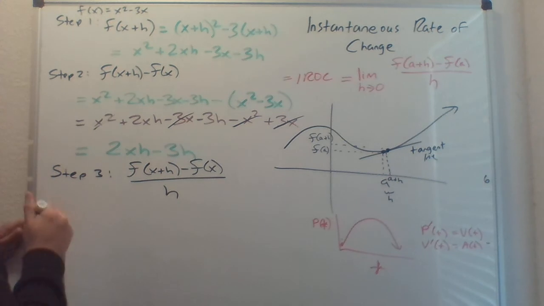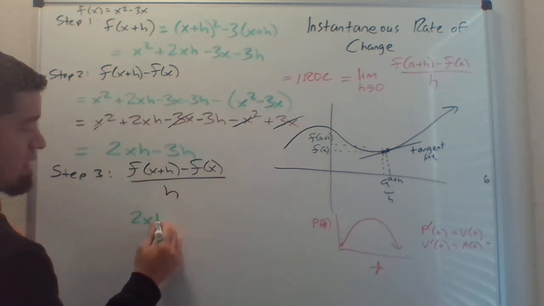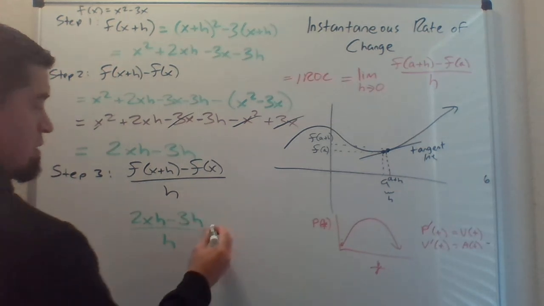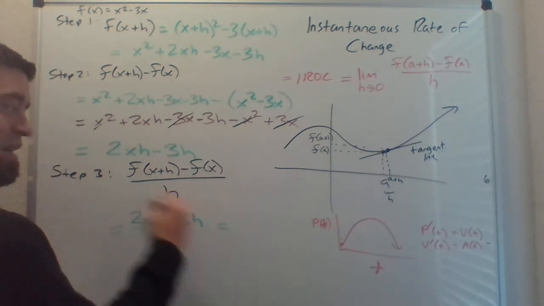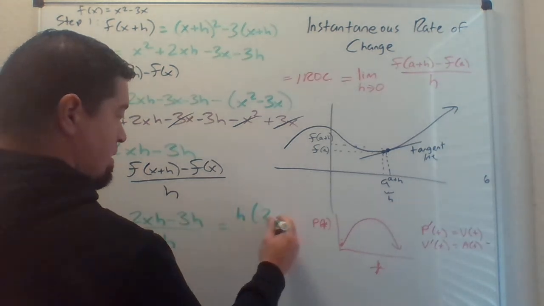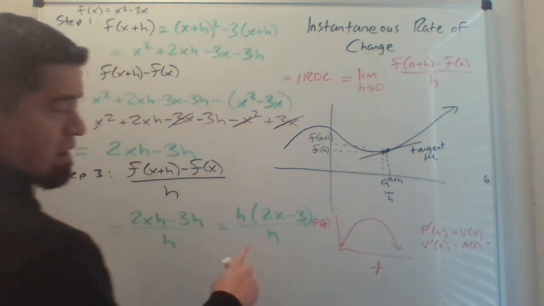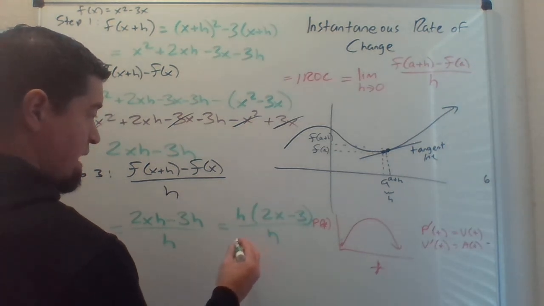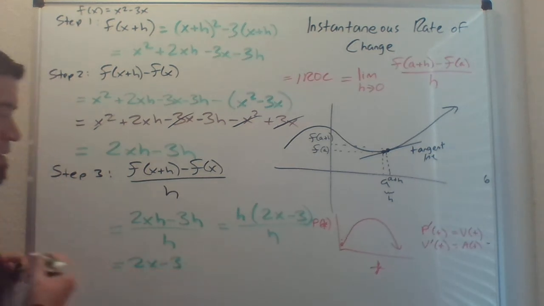We already have that f of x plus h minus f of x. That's the top, the numerator. So 2xh minus 3h over h. From there, if you notice, I can factor out an h on the top. I'm left with h times 2x minus 3 over h. And then what happens to the h's? They cancel out. So that leaves me with my answer, 2x minus 3.